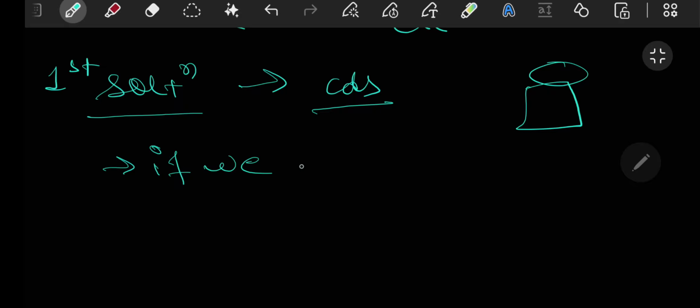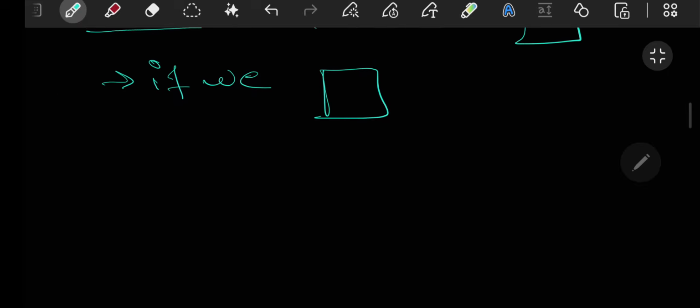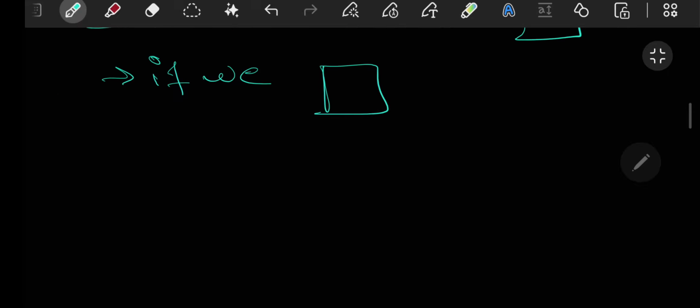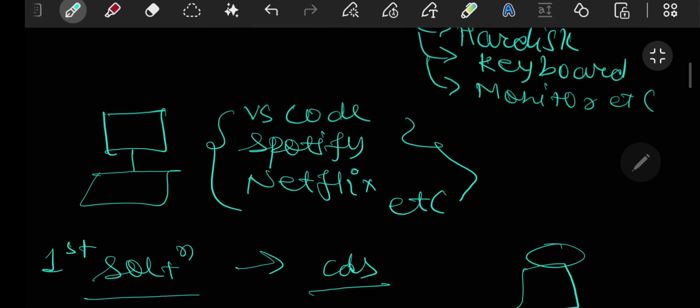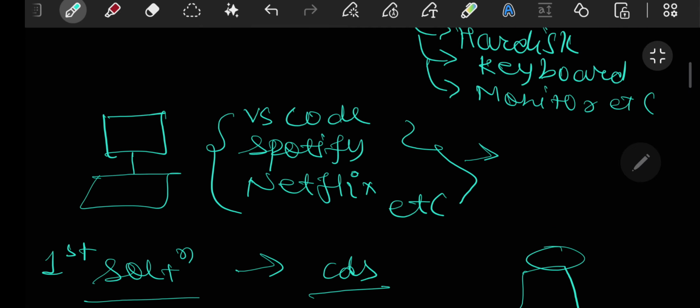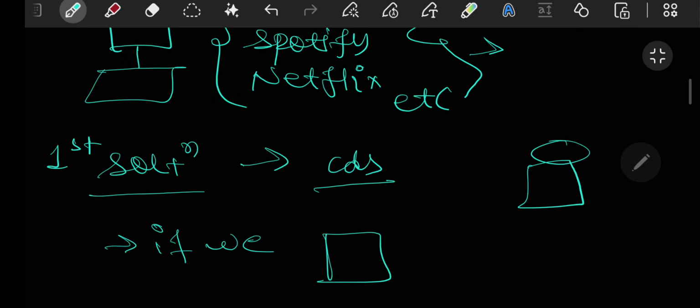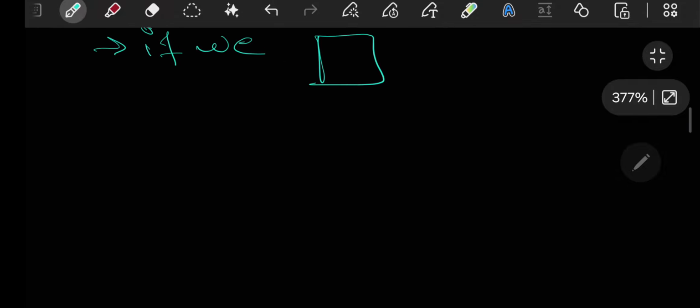But this generates a new problem: what if we want to run all these three programs together, like we generally use multiple applications, multiple tabs at the same time? So how are we going to do that? We had to come up with a solution.